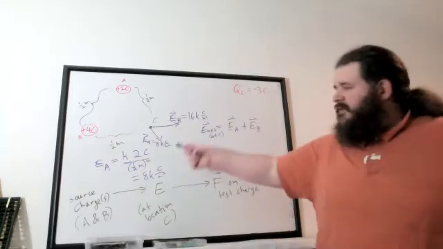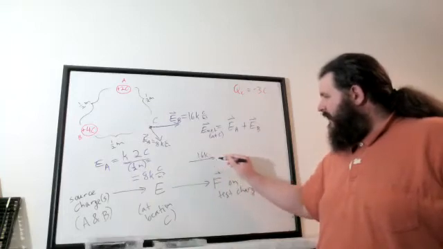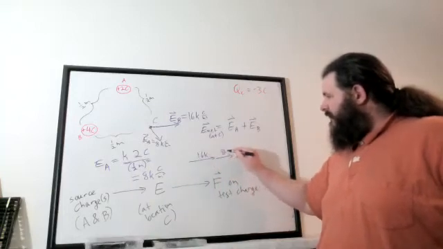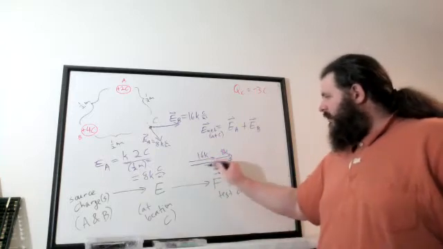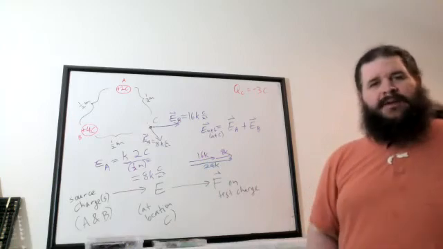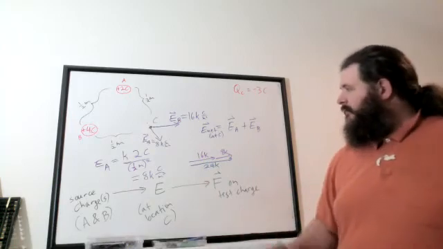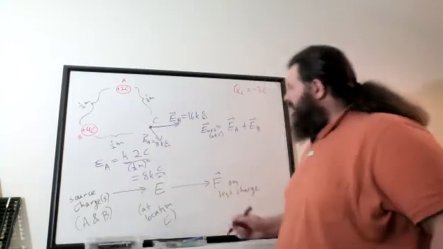You could add the magnitudes if they were pointing in the same direction. Like if you have 16K in this direction plus 8K in this direction, you get a total of 16 plus 8, which is 24K in the same direction. But that's only if the vectors are parallel, if they're in the same direction already. In different directions, you could look at this geometrically as adding them head to tail.